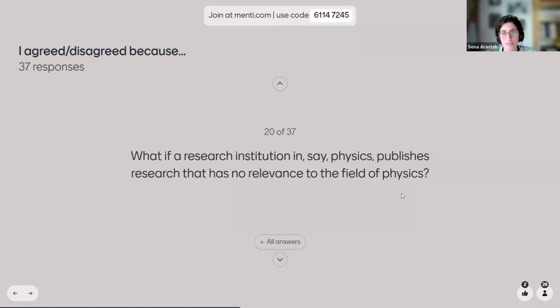So is there anything on that, or is it just general performing research, or what we just discussed in a broader sense? I'm not sure I understand that question. If a research institution in physics publishes research that has no relevance to the field of physics, why would that be a problem? As long as it's peer reviewed and it's a scholarly journal, there's not necessarily a problem there that I can see.